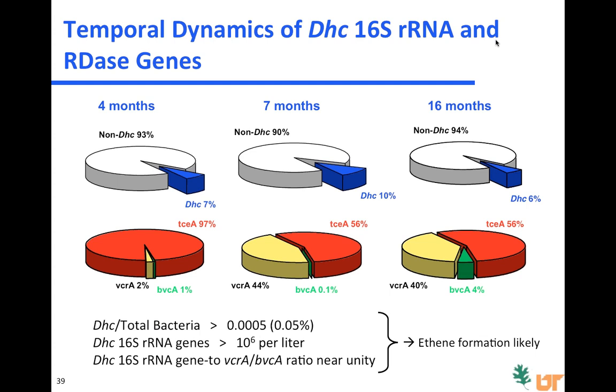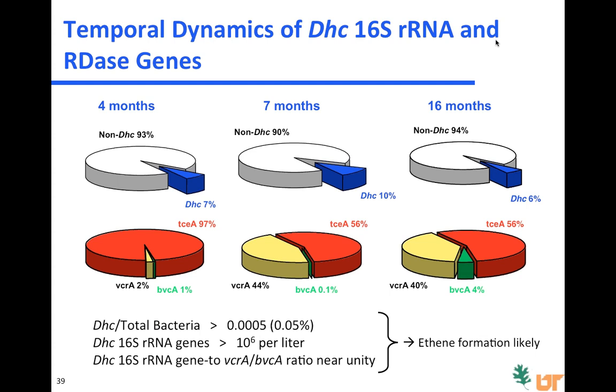Now you can get a little bit more specific. There are different types of D. helicoccoides, different strains, and they have different reductive dehalogenases. So they do different things in this pathway from PCE to ethene. This is shown on the bottom.